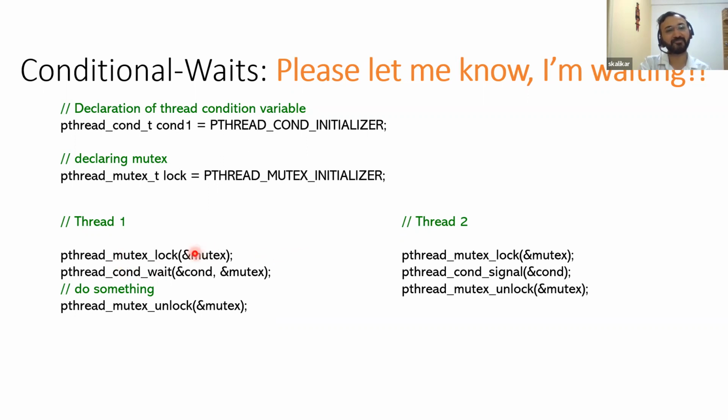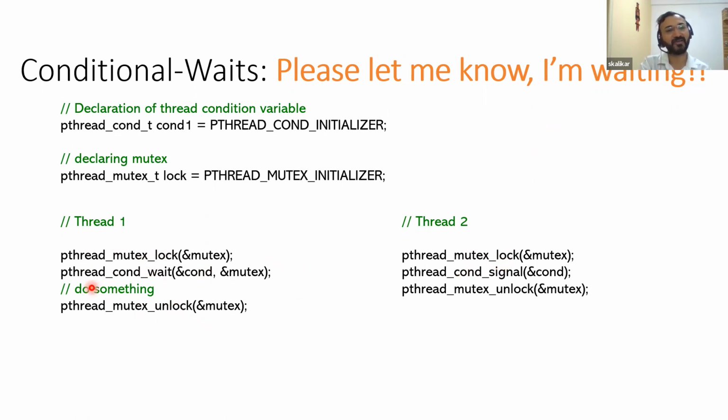You have a mutex lock, you acquire it, you check the condition, and although it looks like there may be a deadlock because you are taking a mutex lock here and unlocking there, you may ask how this thread T2 can acquire this lock because this thread is waiting. Does anyone have this question in mind? It's a very obvious question, that this may lead to deadlock, right? So you cannot acquire this lock.